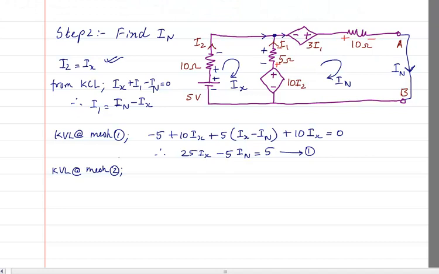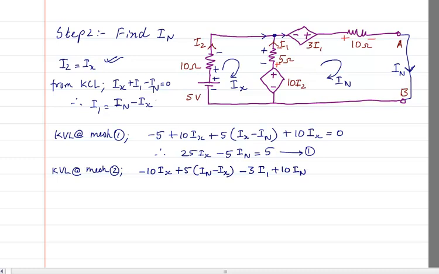So from mesh 2, from back of the bogie, if I am again going to write, minus 10 I2, which we have seen is Ix, so minus 10 Ix plus 5 In minus Ix minus 3 I1 plus 10 In. Now what is I1?